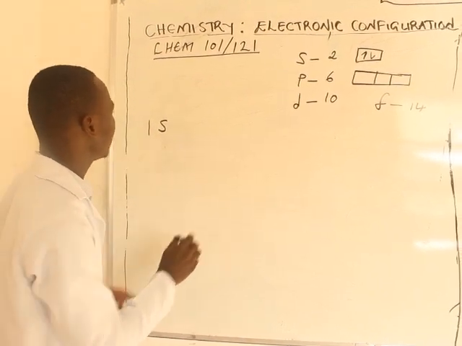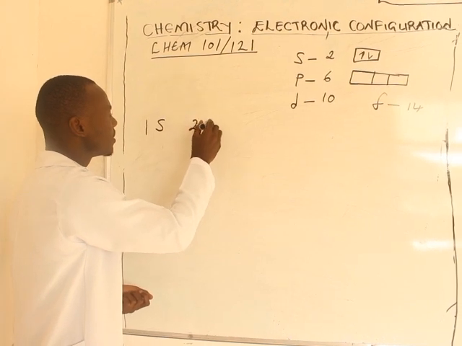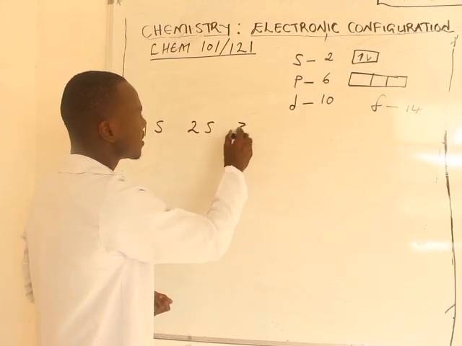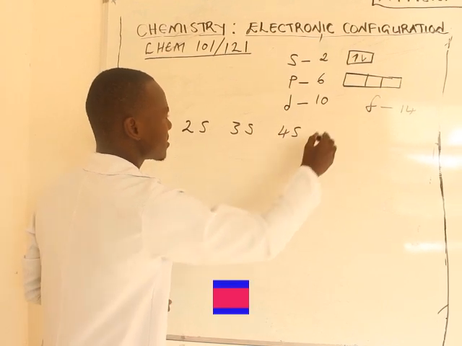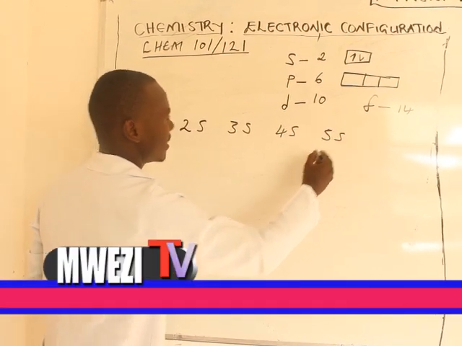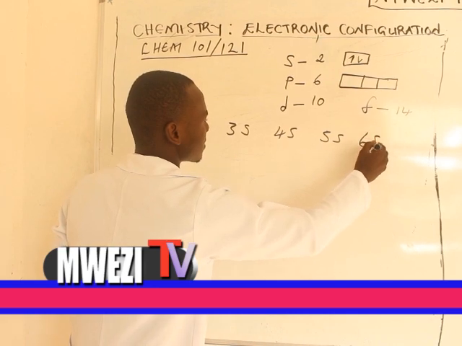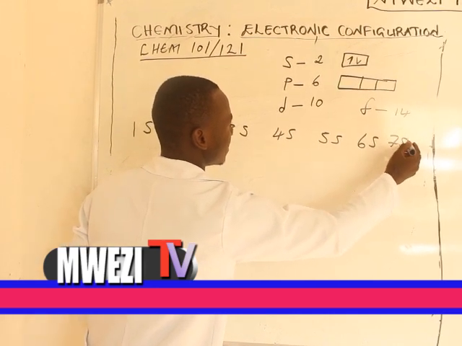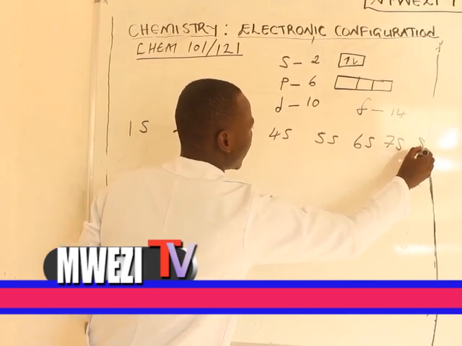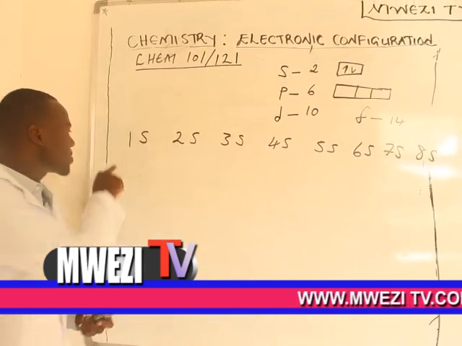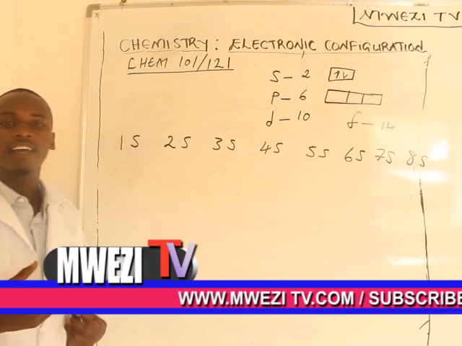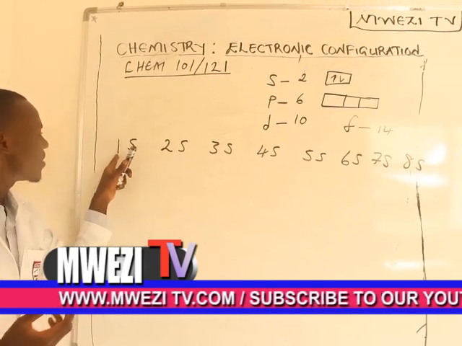So I have 1s, 2s, 3s, 4s, 5s, 6s, 7s. Finally, I'll end on 8s. Okay. So this one is telling us that this is the first shell.